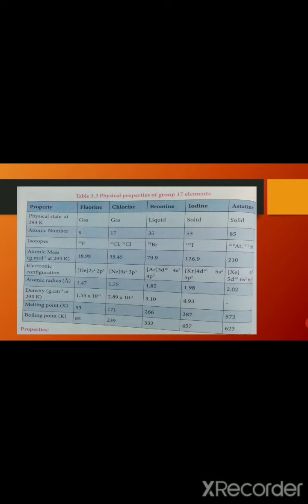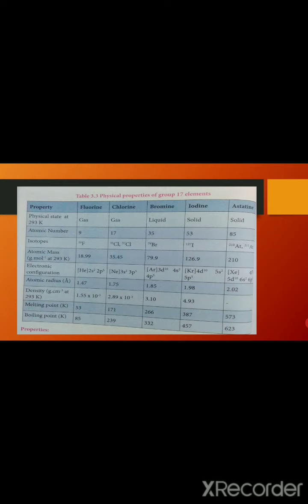Electronic configuration: we know that this is nearer to the inert gas, one group earlier. Therefore in the final octet structure, it is one electron less. For example, helium is 2s2 only, whereas for fluorine you have 2s2 and 2p5.